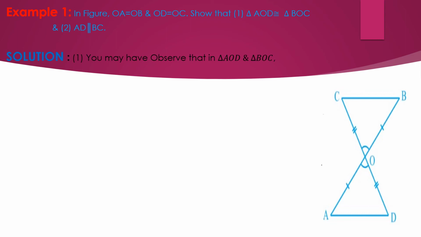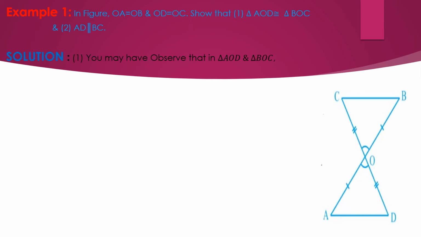In that we can see that OA is equal to OB and OD is equal to OC. That is already given in our question. So what we have to do? We have to show that triangle AOD is congruent to triangle BOC, and also we have to prove that AD is perpendicular to BC. So now let us see the solution.